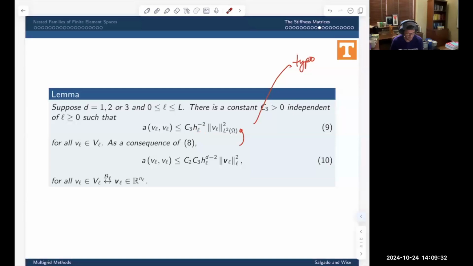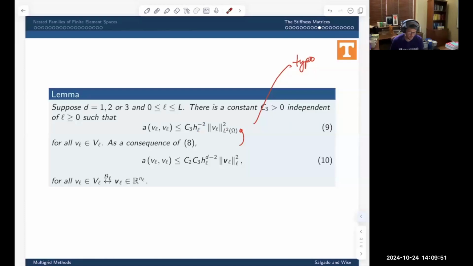In this case, because I'm trying to beat a norm with first order derivatives with a norm with no derivatives, I have to pay the price of HL to the minus 2 power. That's when I'm squaring both of these. If I take the square root, then it's going to be HL to the minus 1 power.